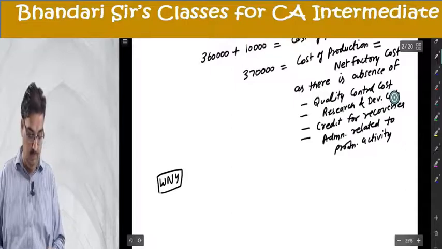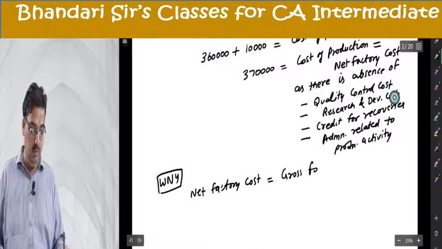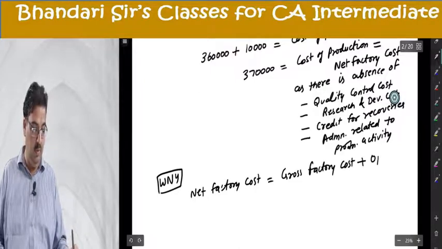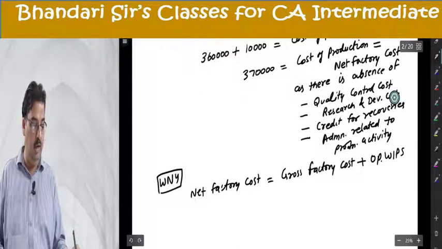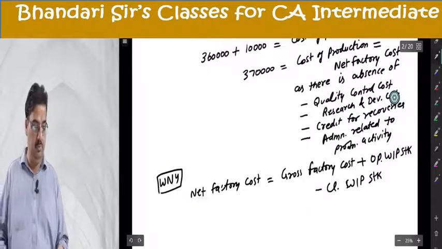Working note 4. Net factory cost is equal to gross factory cost plus opening WIP stock minus closing WIP stock.